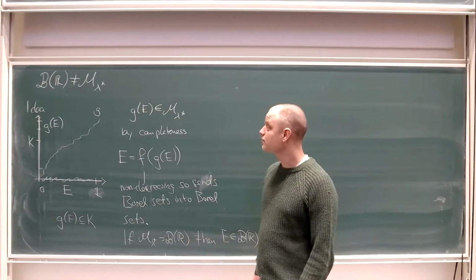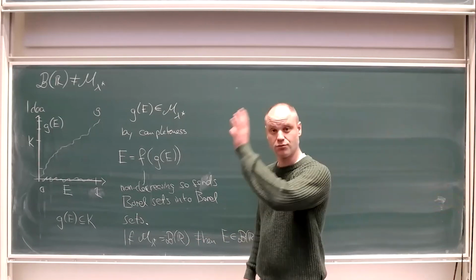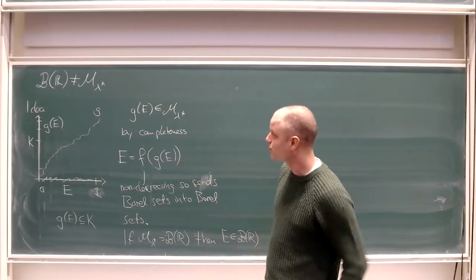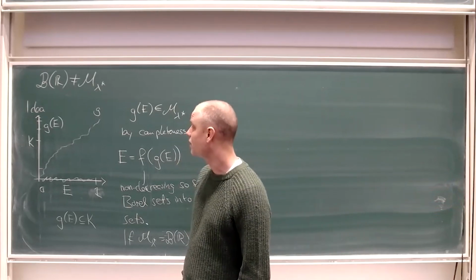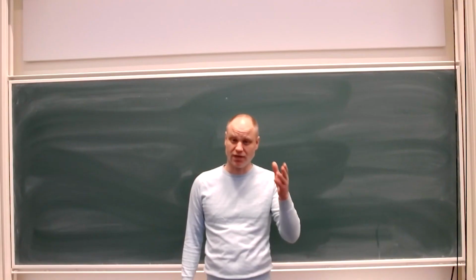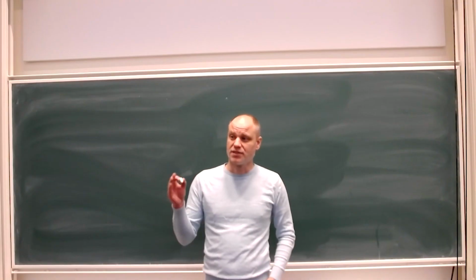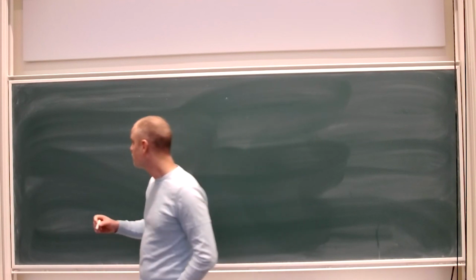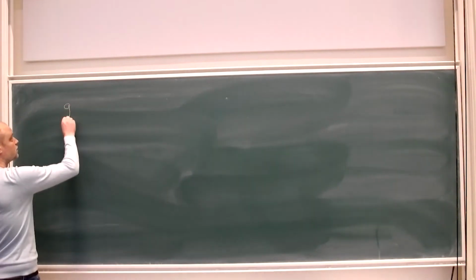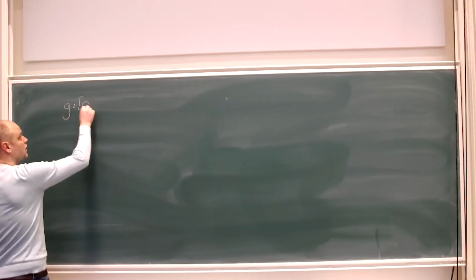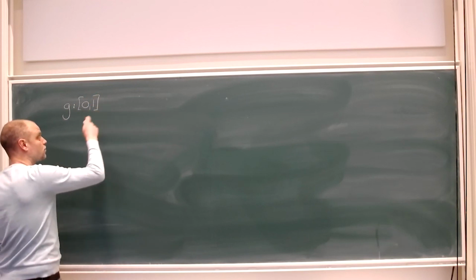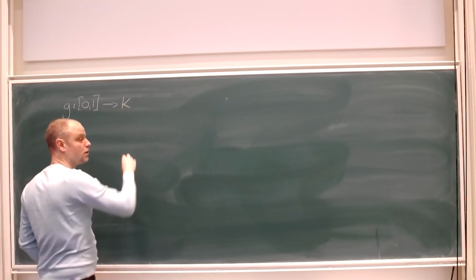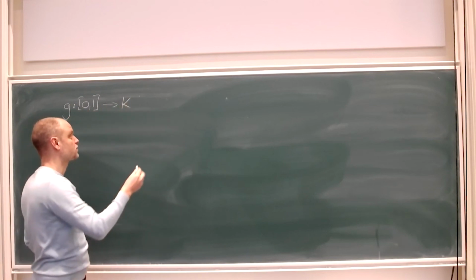Okay, so I've come here to visit you from the past into the future. You remember this argument I had lined up here. I wanted to prove that the Borel sigma algebra and the Lebesgue sigma algebra are not the same. That I left undone, that there exists a set which is Lebesgue measurable, but not Borel measurable. Remember, the construction was this, G. I constructed a function G which was non-decreasing, and it was a bijection with a Cantor set.